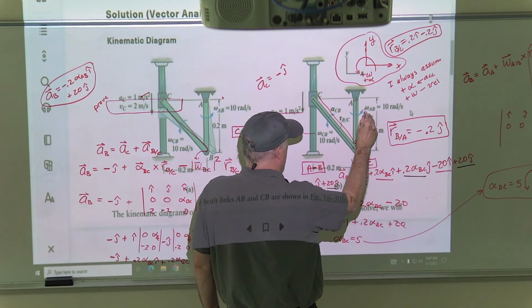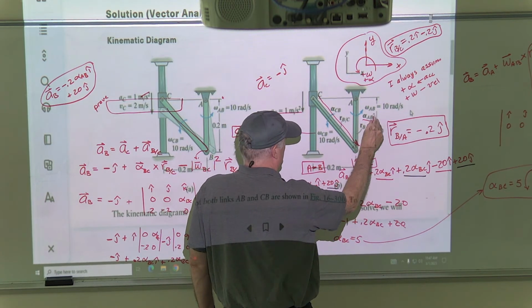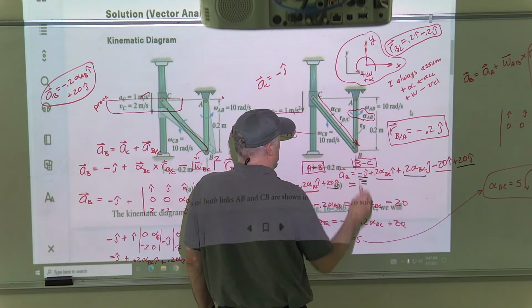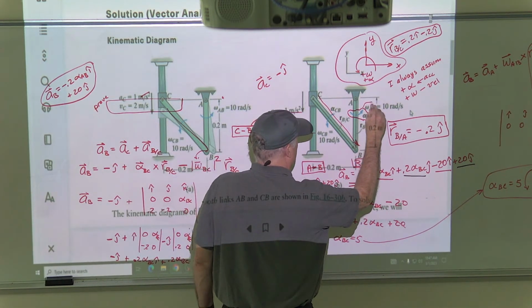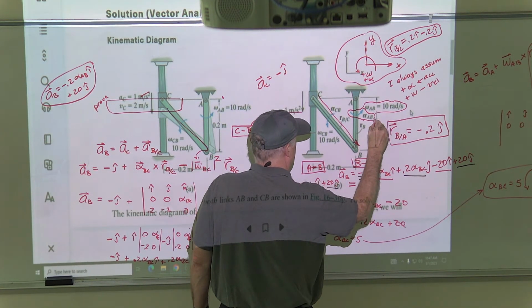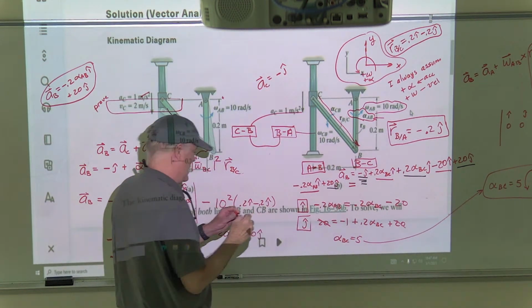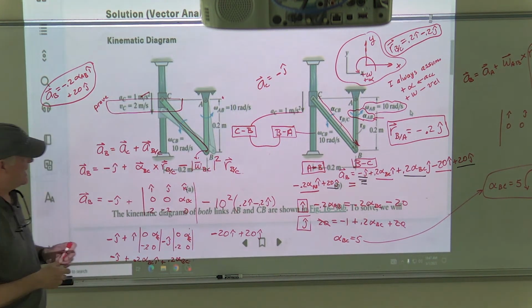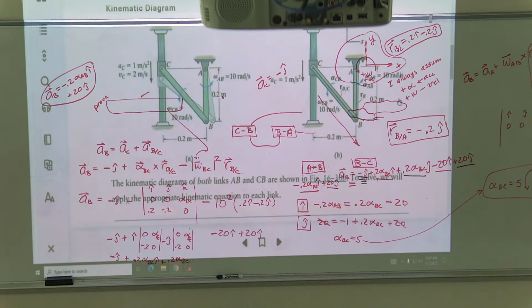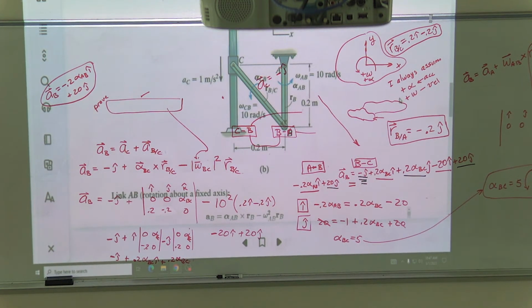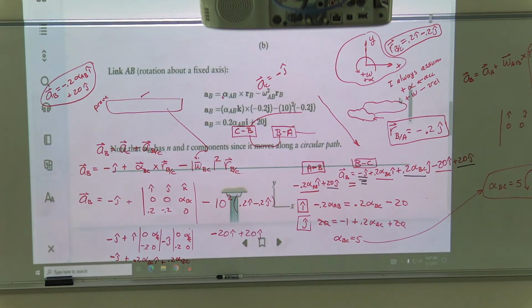Now, it looks like he has this as a positive, unless he's assuming that this is this direction. I want to know, how is he assuming that? And the way we'll find that out is see when he puts his equation together. And this can make it complicated when you start learning this kind of stuff.